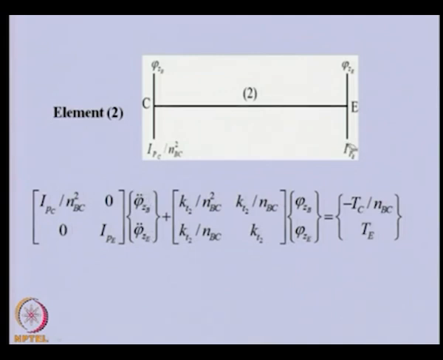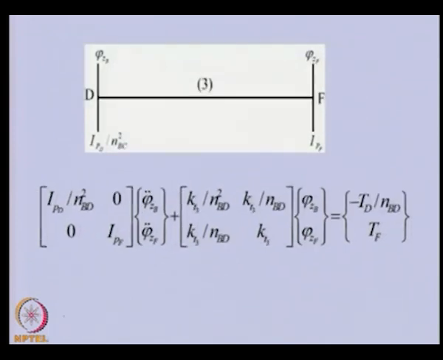This will remain the same as at end E. You can see we need to divide this by the gear ratio square. Similarly, in the stiffness matrix, this term will be divided by the gear ratio square, and the off-diagonal terms will be divided by the gear ratio only, and these will be minus. This torque also we need to divide by the gear ratio, as we have seen earlier, but this will be unaffected.